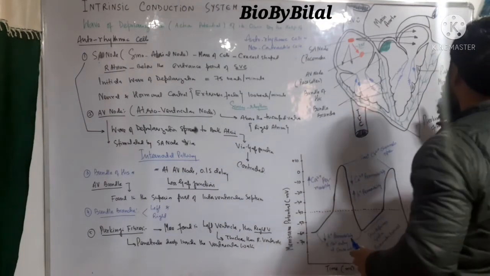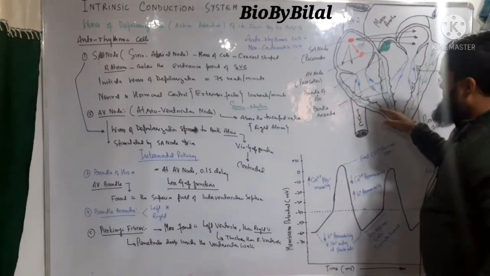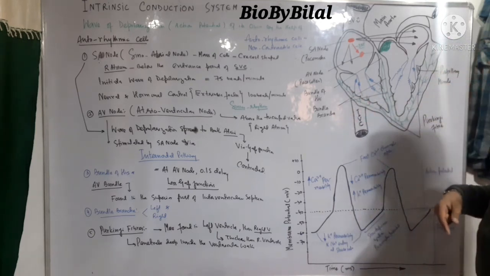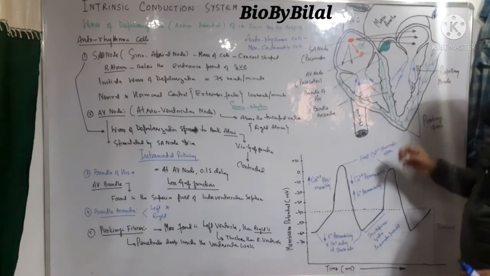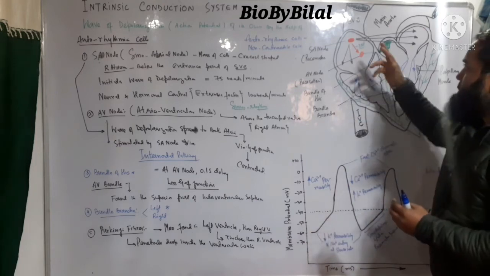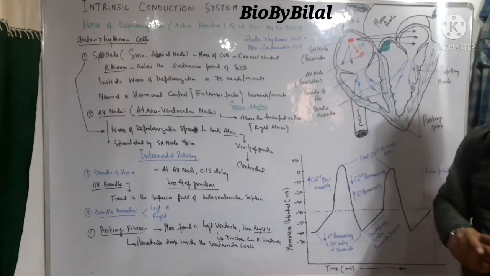There are more Purkinje fibers in the left ventricle than the right one, because it has more thickness. Purkinje fibers innervate the papillary muscles, and the depolarization wave quickly goes from the SA node towards the papillary muscles by means of Purkinje fibers.